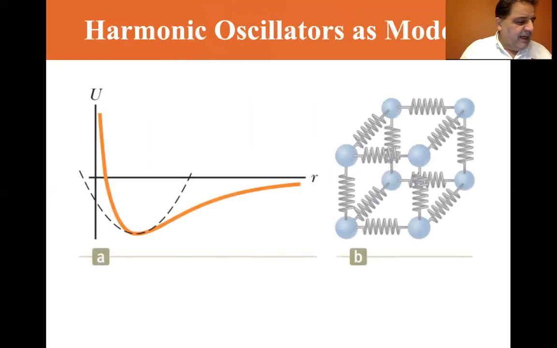Now the harmonic oscillator kind of models atomic structure. You can see the parabolic well there for the potential energy versus the radius of atomic structure. So there's a small potential for small displacements from equilibrium. The atoms move about a small area.